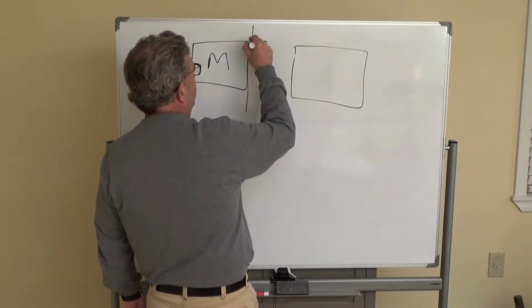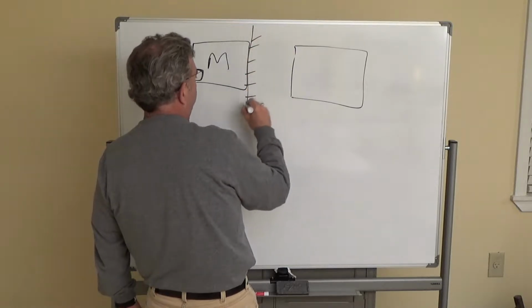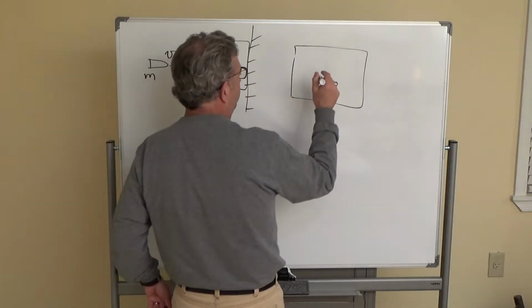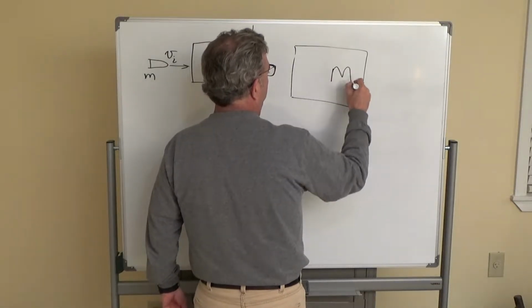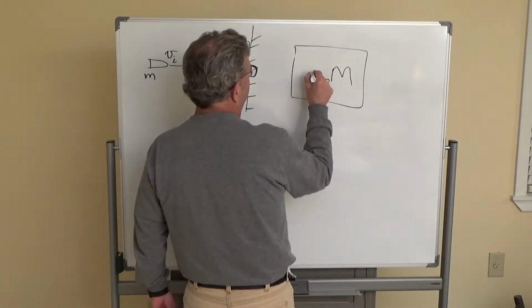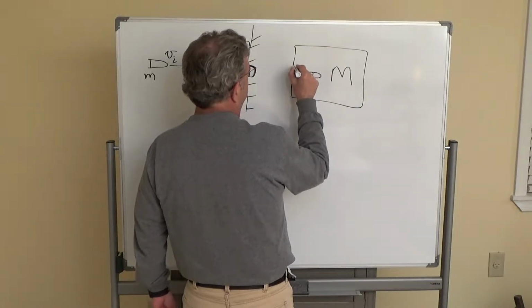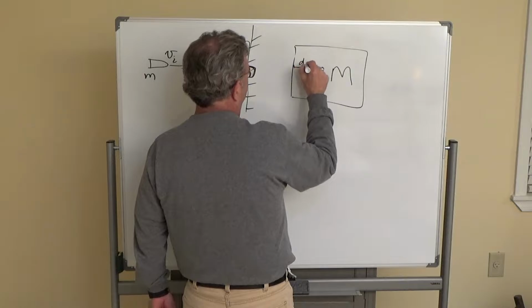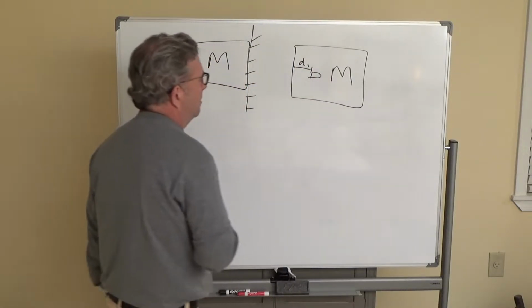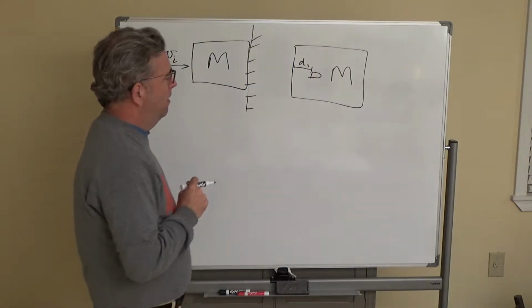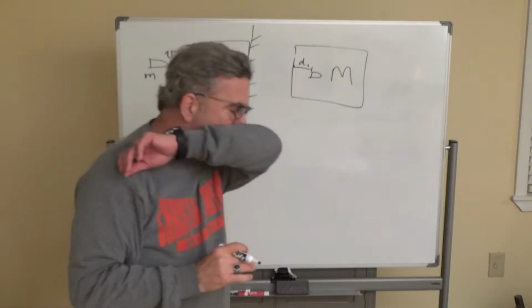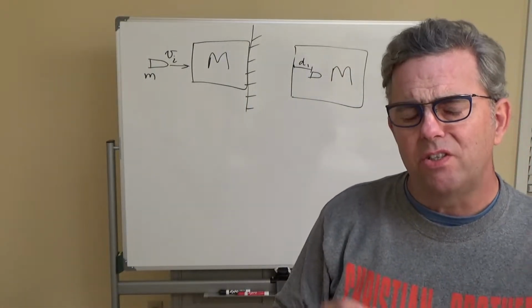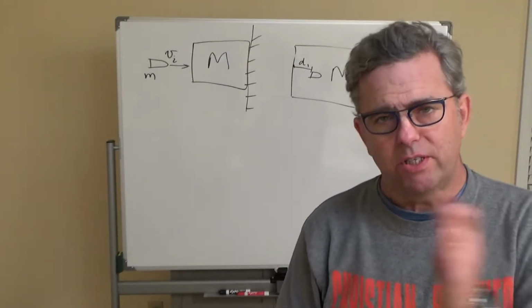The block is stationary. It's in a vise, or it's bound where it won't move. So the bullet goes in and embeds in the block, and it goes to a depth, I'll call that D1. Okay? So from this, that initial kinetic energy is turned into the stopping energy.